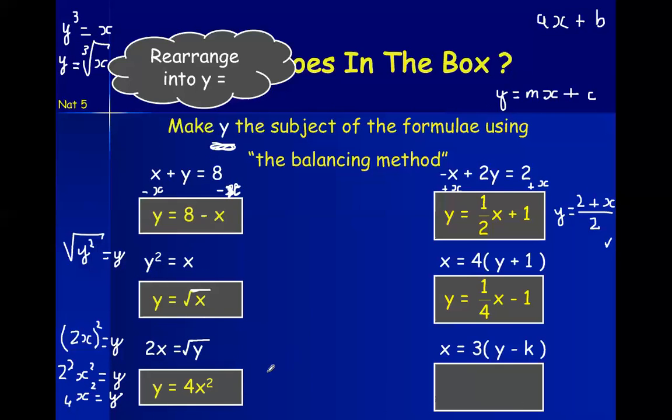And for this one, I would get a third of x, because I'm going to divide by 3 both sides, plus k. Y equal a third of x plus k when you add k on both sides.